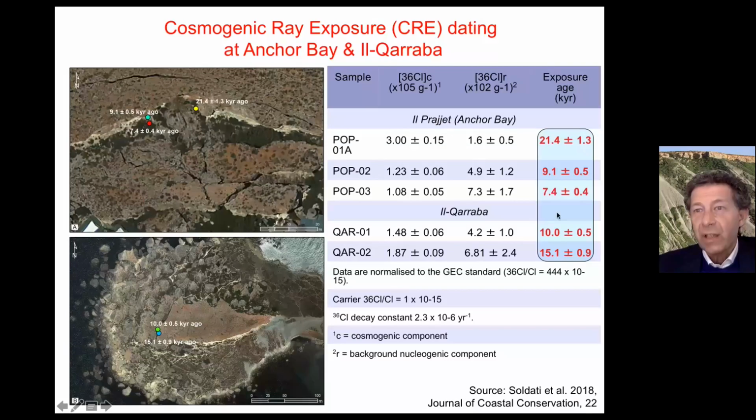And I have to say very frankly that we were positively surprised by the dates that we got. For example, because they were somehow proving our geomorphological hypothesis and interpretation of these landslides, which was actually that these landslides occurred when the sea level was much lower.